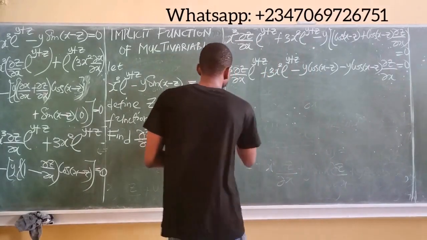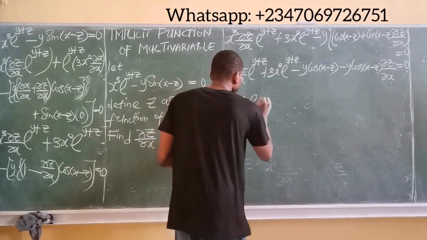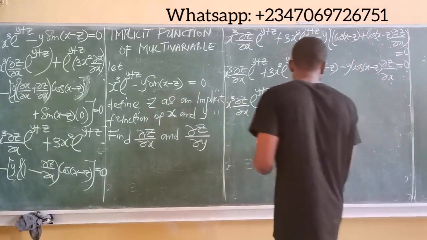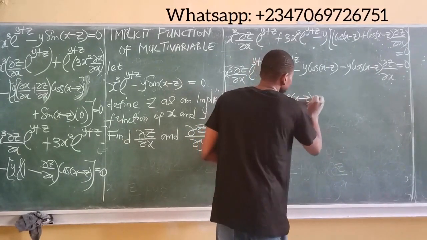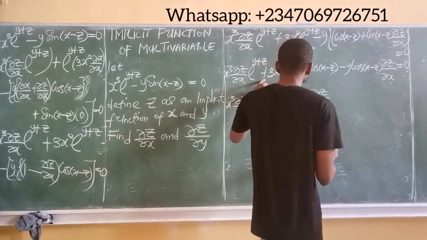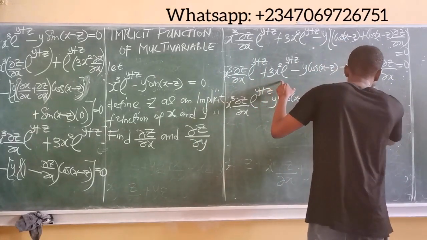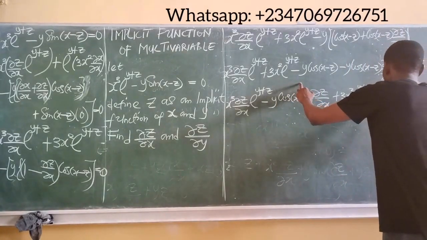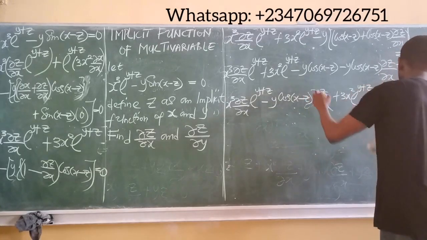So I'll simply have x cubed partial z all over partial x exponential y plus z, now minus y cos x minus z partial z all over partial x, and here I'm left with plus 3x squared exponential y plus z, and then minus y cos x minus z. This is simply equal to 0.